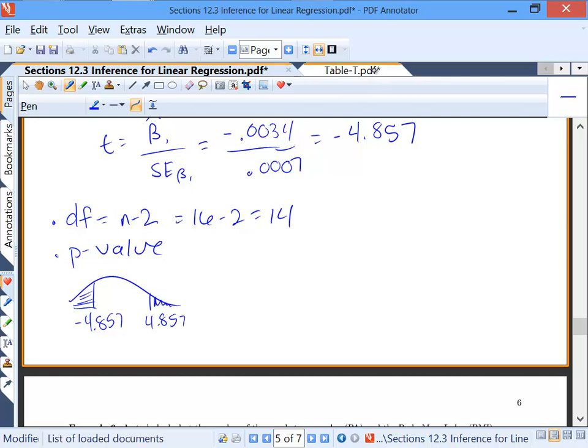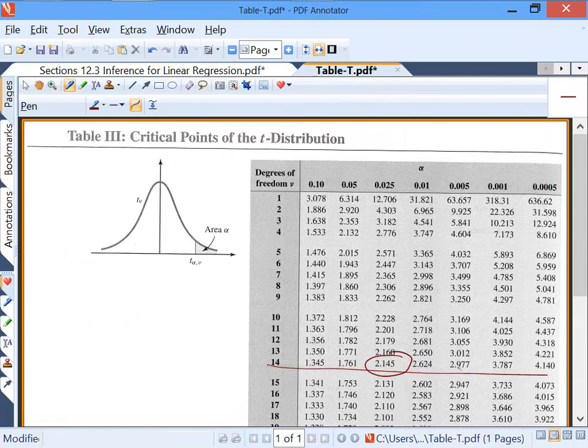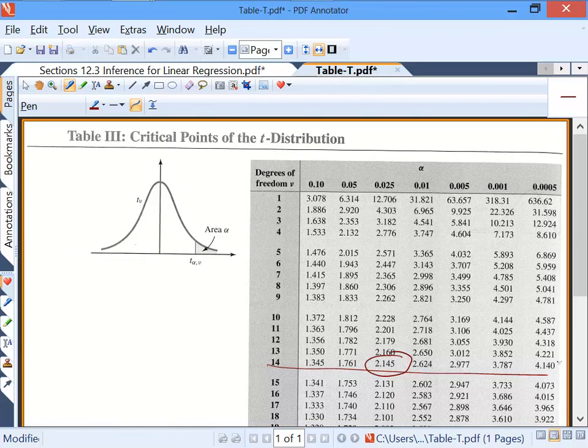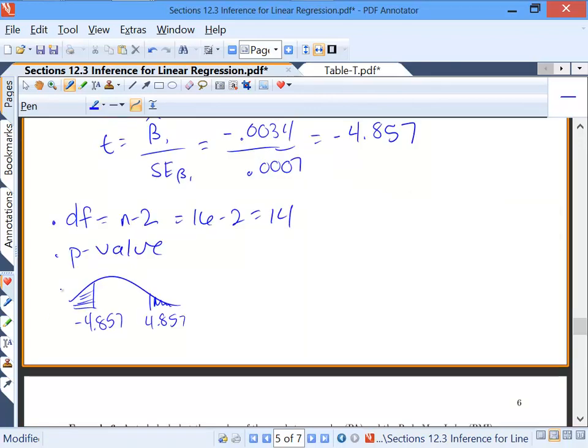So come to the t-table, 14 degrees of freedom, I'm looking for 4.857, which would put me out here. So something smaller than 0.0005. So that tail is less than 0.0005.